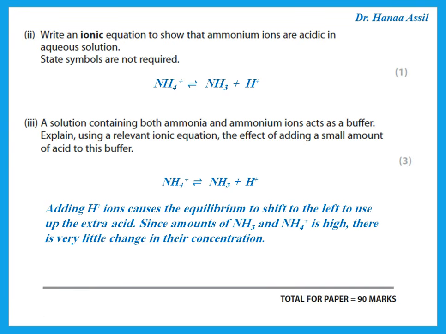This will cause the equilibrium to shift to the left to use up the extra acid. And the amounts of ammonia and ammonium are high, so this will cause only a very little change in their concentration, and at the same time we have used up the excess H plus ions.